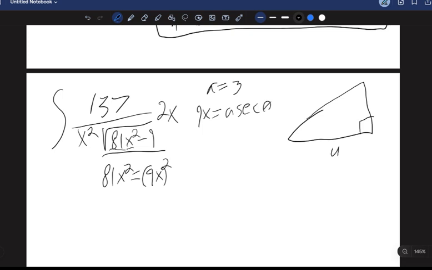Means that this side would be a, this side would be 9x, and this side would be the square root of 9x squared minus a squared. Not super visible, but it looks exactly like the radical I'm wanting to replace, so that's good.